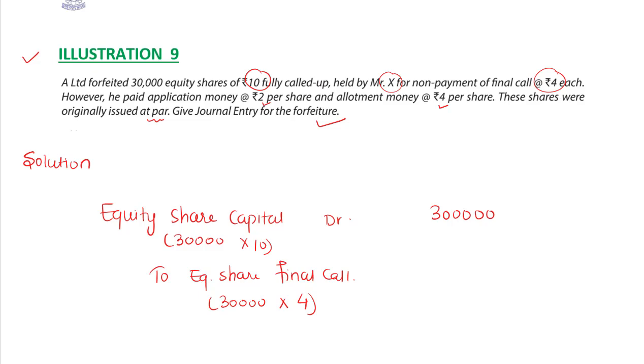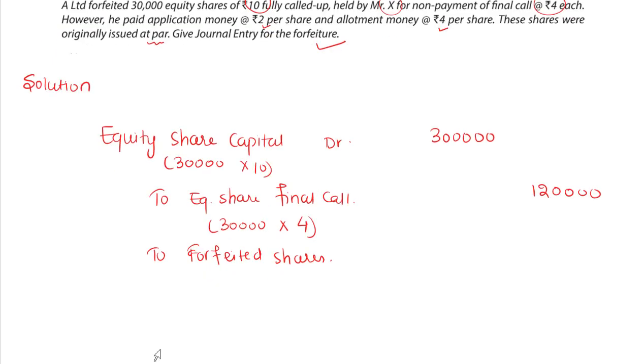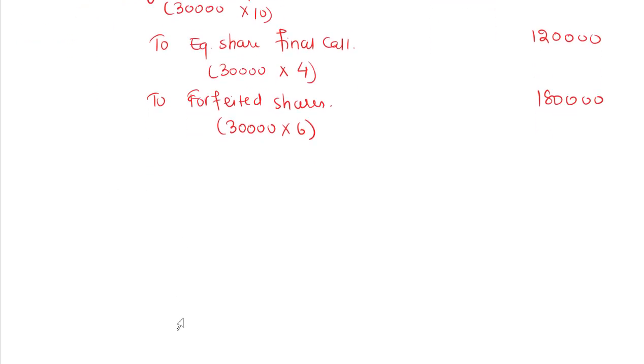The final call was 4 that he had not paid, 1,20,000, to share forfeiture, forfeited shares, 30,000 multiplied by 6, 1,80,000.